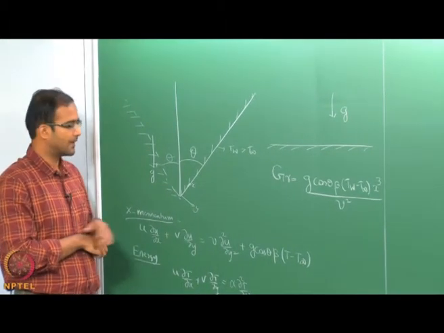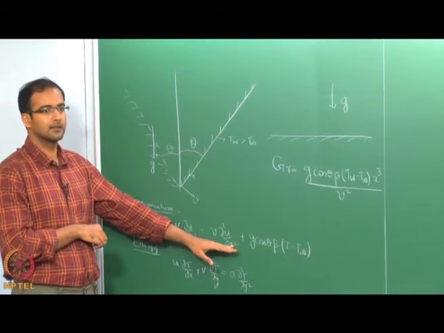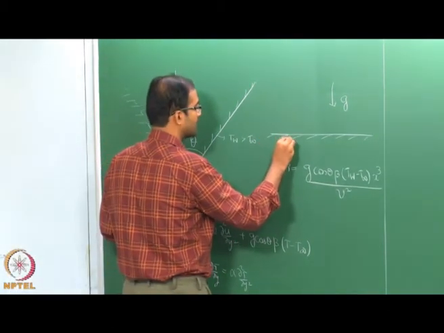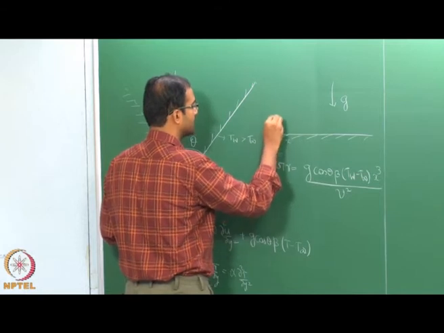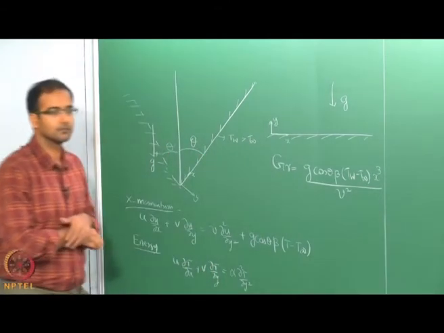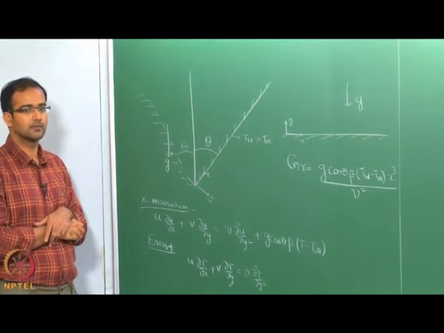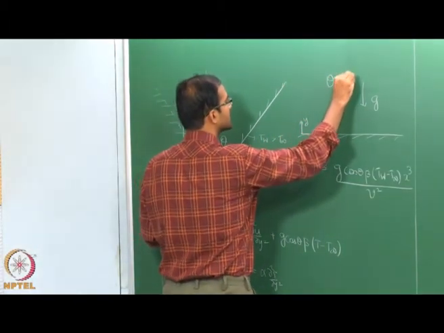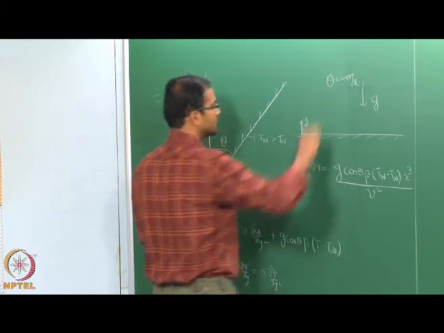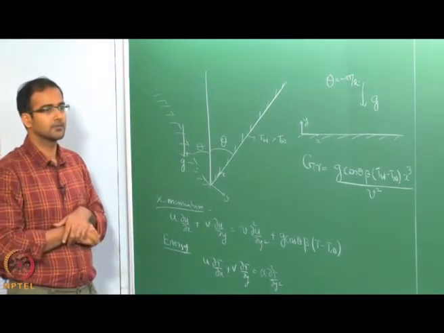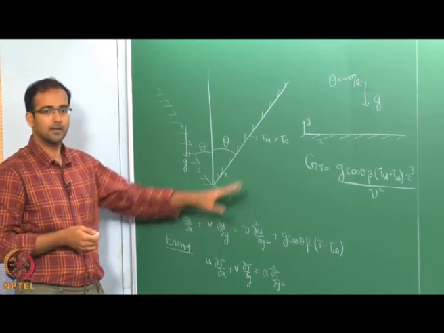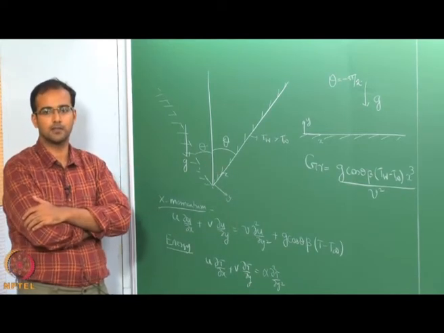Okay. So, can we use then the same equations here? So, you have x and this is your y. The limiting case where your theta becomes minus pi by 2. So, you have a horizontal surface. Now, can we still apply the same equation to this configuration?